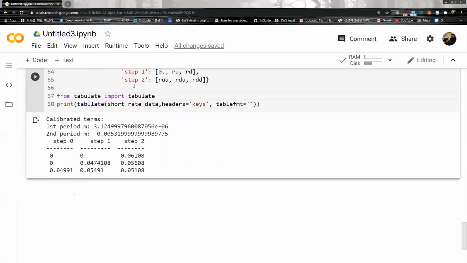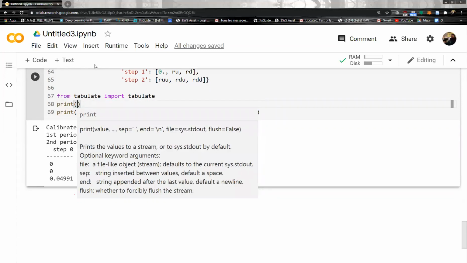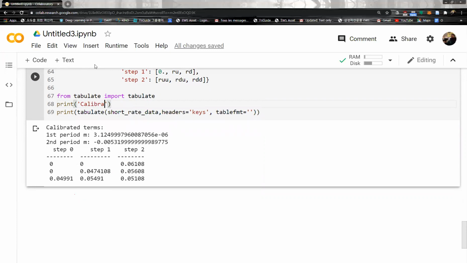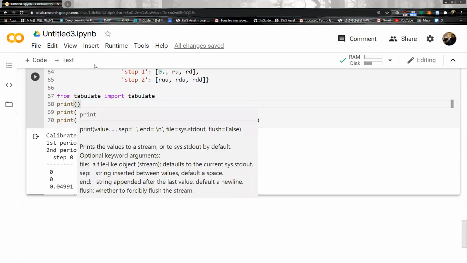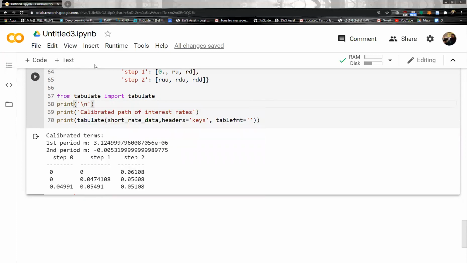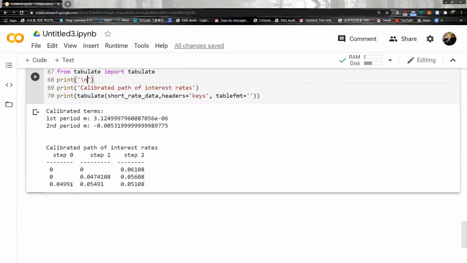So here, print calibrated path of interest rate. Okay, so this is the calibrated path of interest rate. So initial and then going up, and going up again, and initial go up and go down, and initial go down and go down.